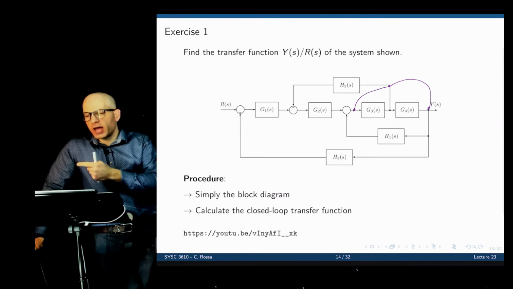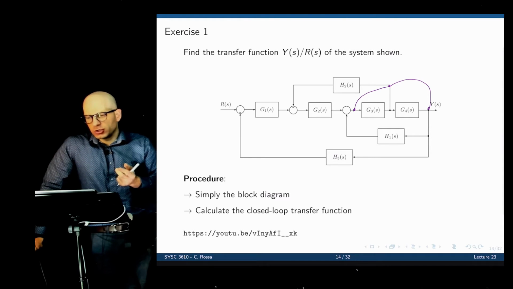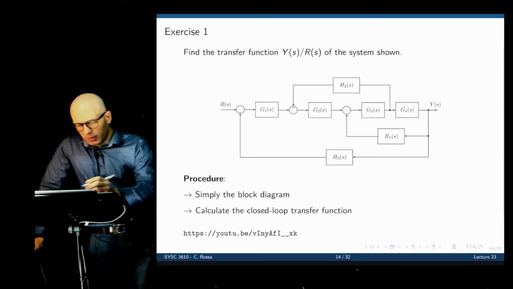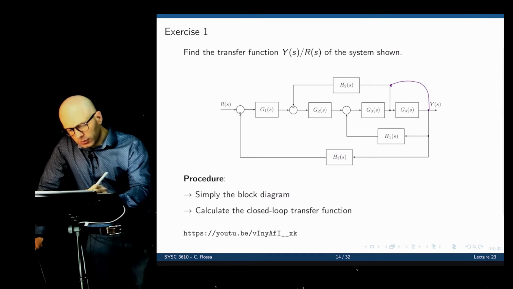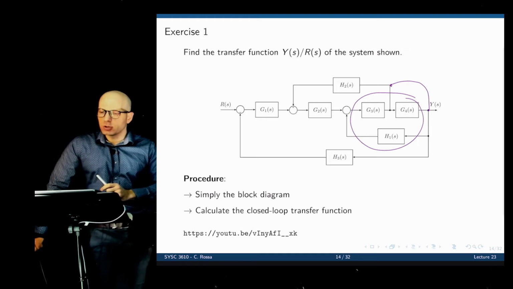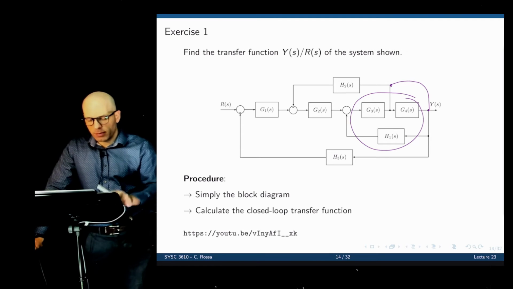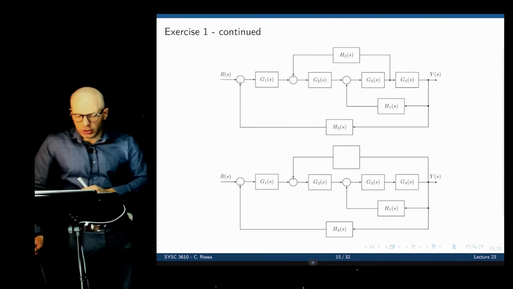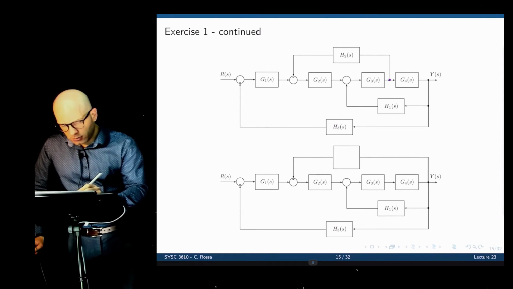If you move it ahead of G3, we just shifted the problem, created a new one. If you now move this to a point after G4, then you can simplify this whole feedback loop.